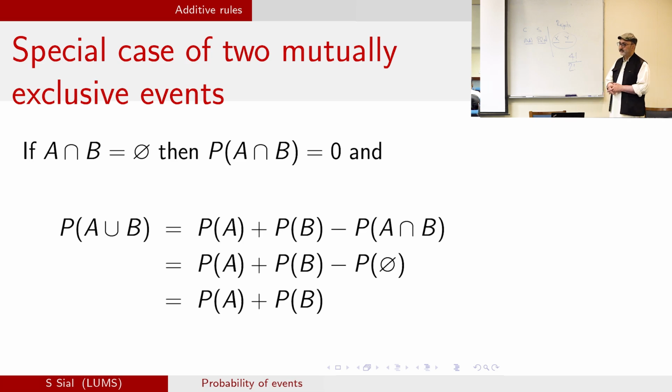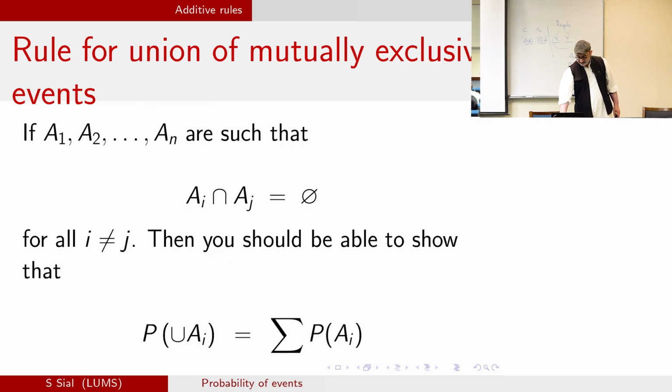Okay, so working with mutually exclusive events is convenient. So when you're thinking about the problem, if you can think about the problem in terms of mutually exclusive events whose probabilities you can calculate, then calculating the probability of unions is simple. What if you had a whole bunch of events which were mutually exclusive? So we've been talking about two events, but the idea extends.